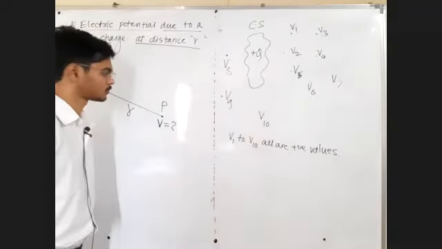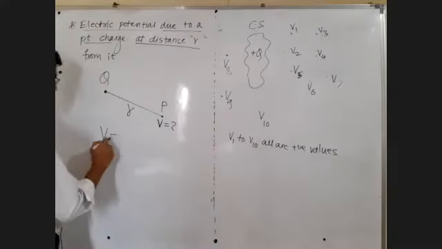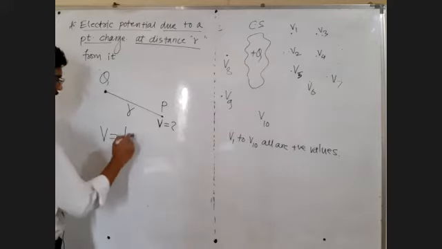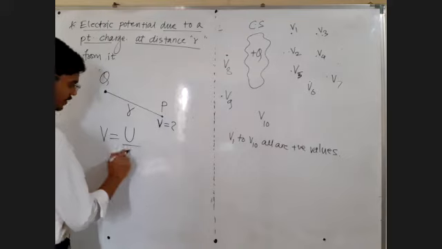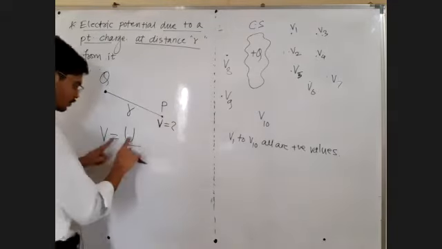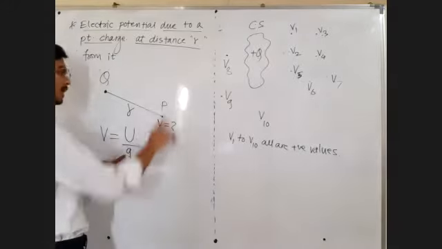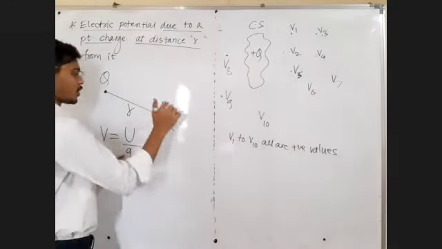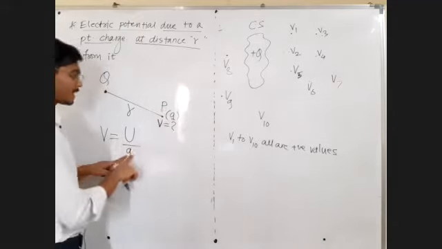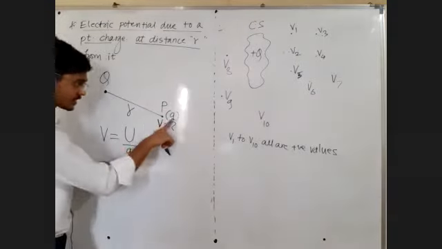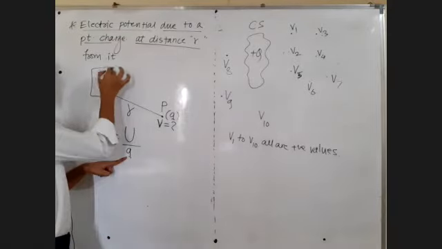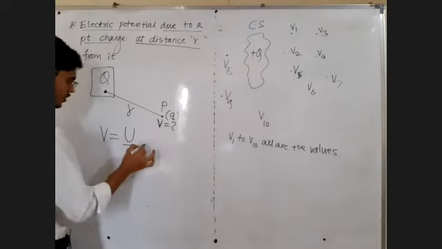What we have to do? We have to use the definition of electric potential. What is the definition of electric potential? Interaction energy of the charge divided by the charge if you place that charge at this point. Let us place the charge equal to small q at that point. And now we have to measure the interaction energy of this charge with our charge system. That's not a big deal.